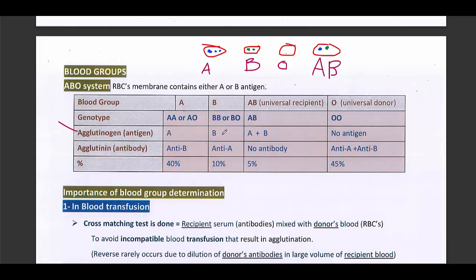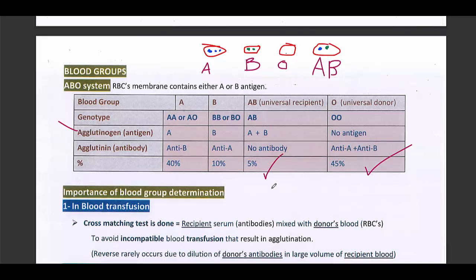So, simply, for AB group, it's easy to take from all. And group O, it's hard to take from all. The most common is O. And the less common, or the rarest, blood group is AB.